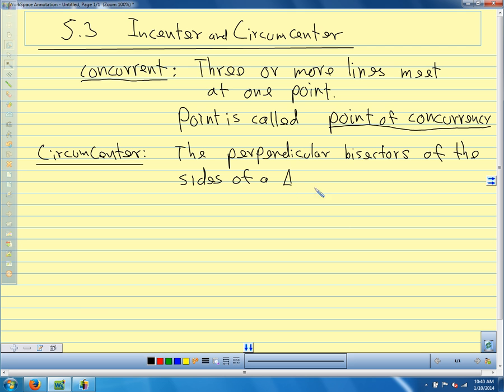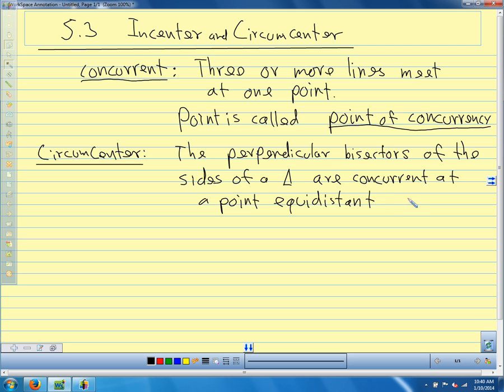Perpendicular bisectors of the sides of a triangle are concurrent at a point. And this point is equidistant. And what's equidistant mean? Equal distance, just like it sounds.